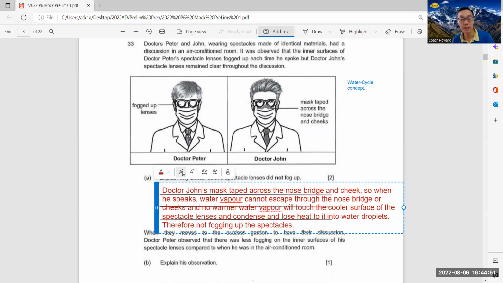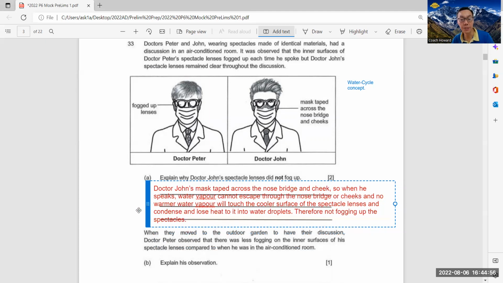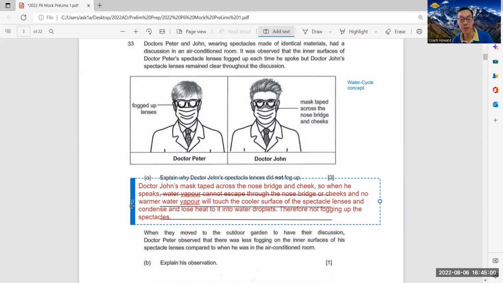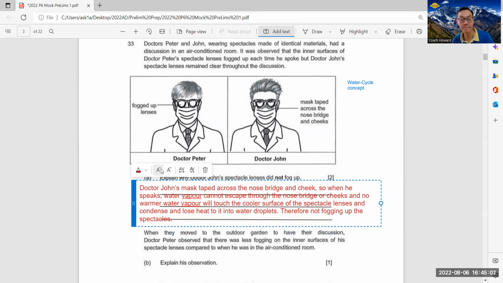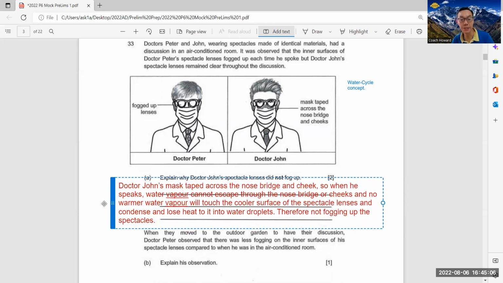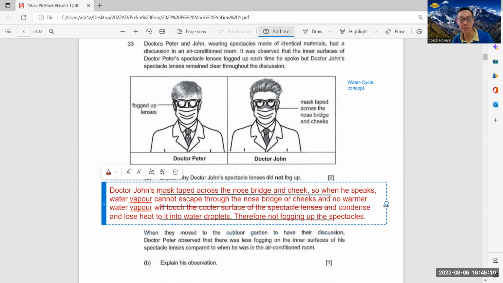Let me decrease the size of the font and put it here. This will be the answer. It's slightly long, let me arrange the settings so you can see everything.